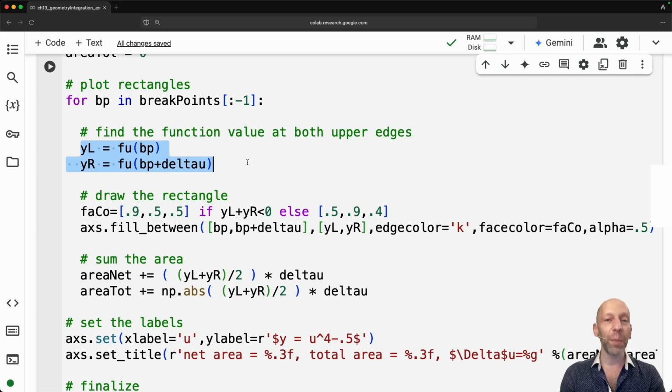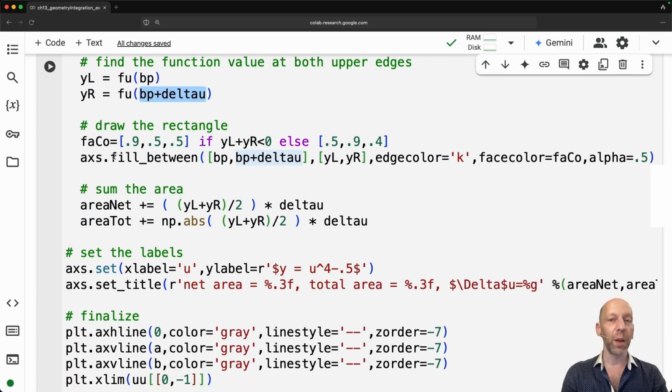With the trapezoid rule, we actually need two function values corresponding to the two upper corners of the function. So that's why I have L, the value of the function at the left corner, and the value of the function at the right corner. And that is this breakpoint and then this breakpoint plus delta U.